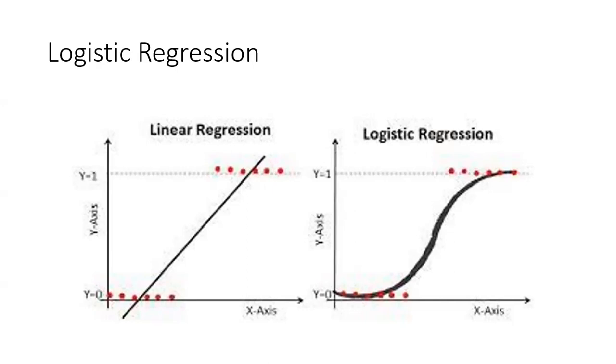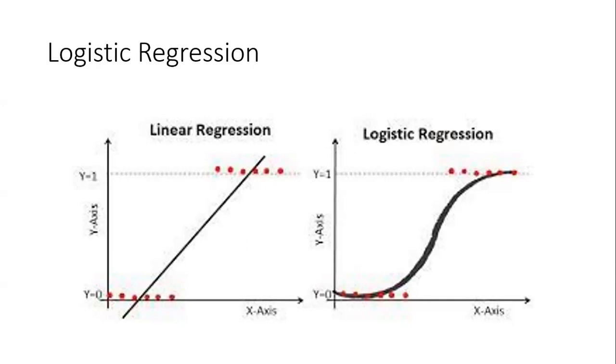When you have a label with numerical values close to 0 or 1, I might be tempted to use linear regression for that, but it might not be a good solution. So in that case, it is better to use logistic regression.